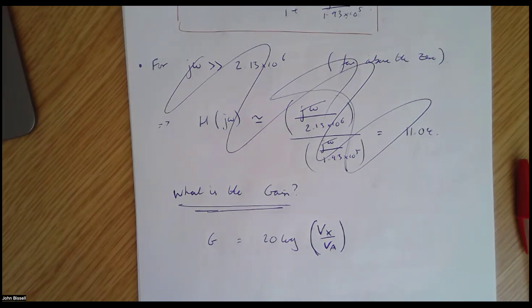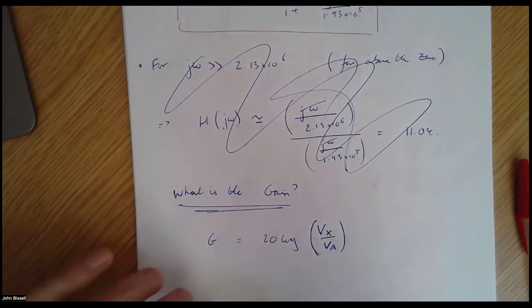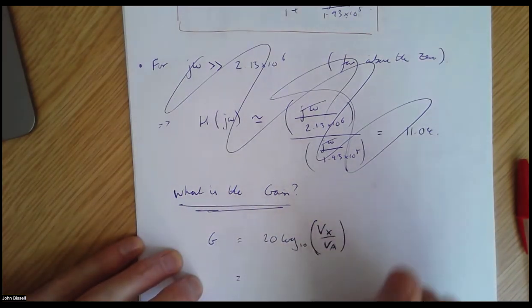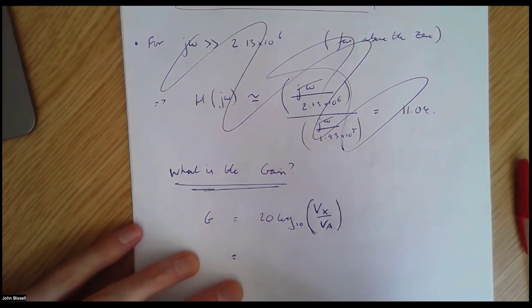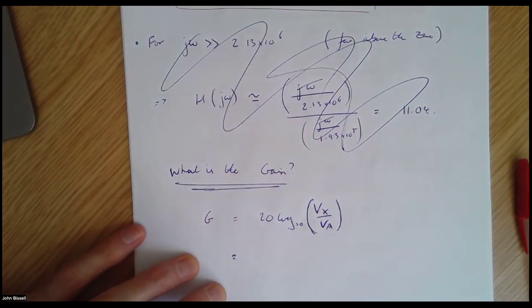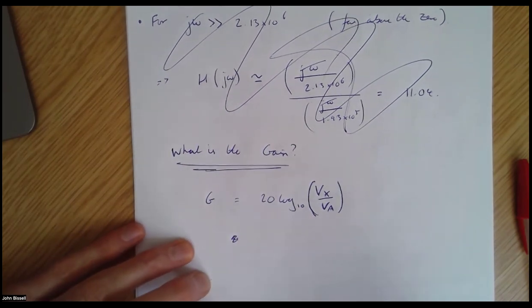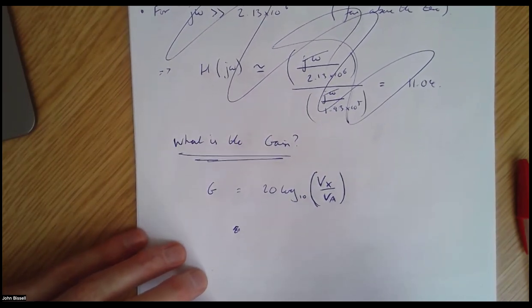So basically the gain is 10 log of output power divided by input power, and since power equals v squared over r, it's like 2 times 10, which is going to be 20 log 10 of v out over v in.